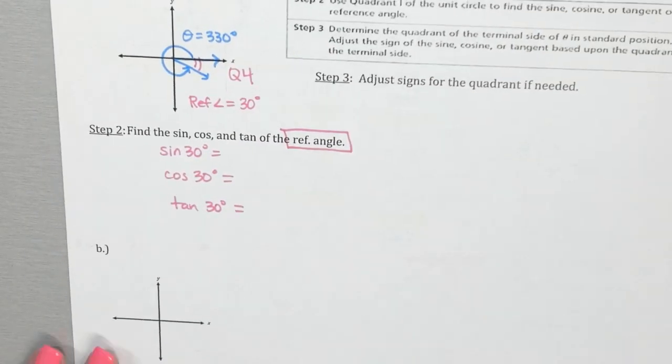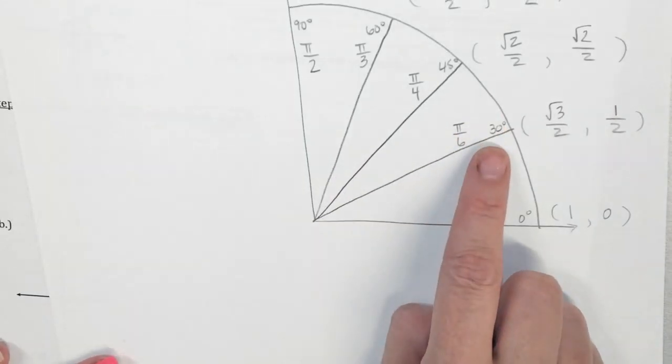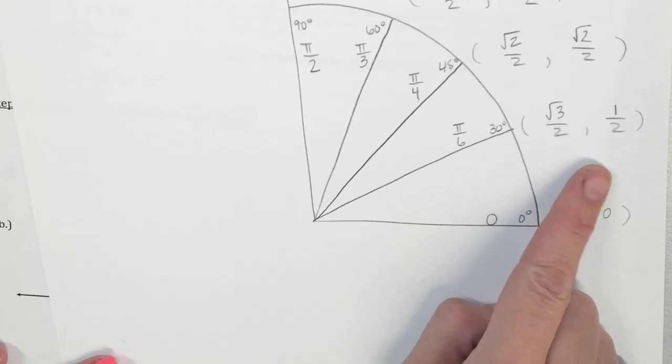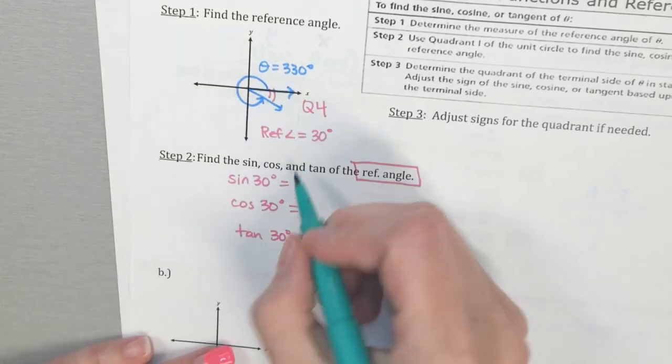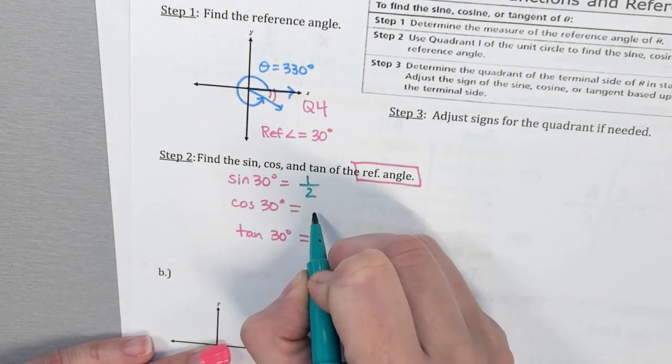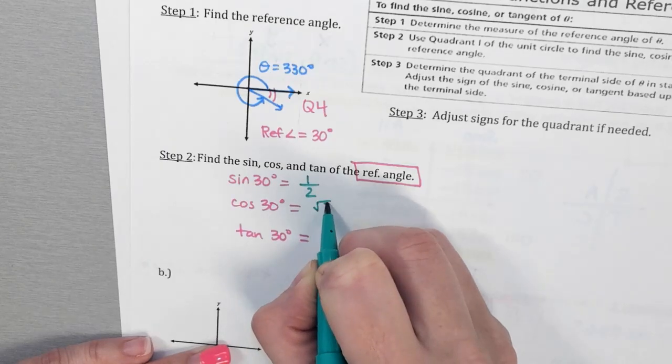So until you have them memorized, you're going to be using this. So at 30 degrees, the sine is which one? 1/2. It's your y. Your sine is your y. Okay, so the sine is 1/2. What's the cosine? √3/2.